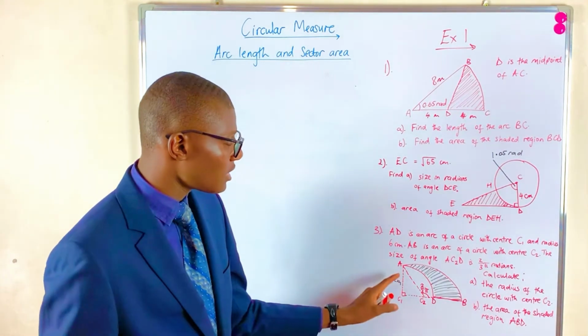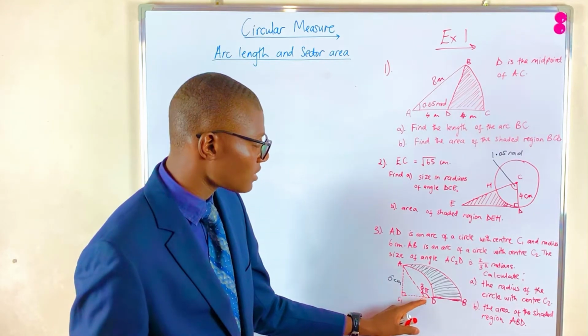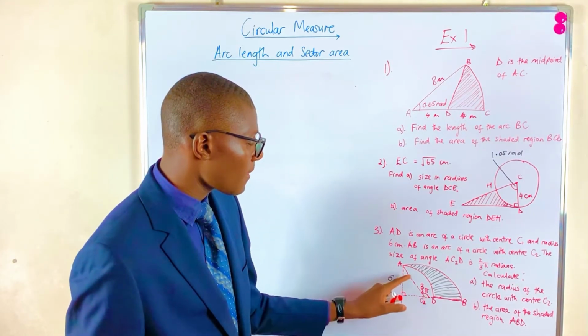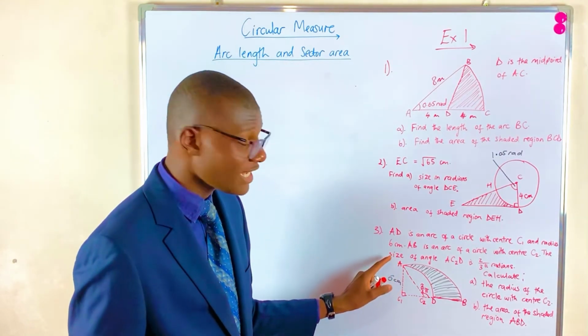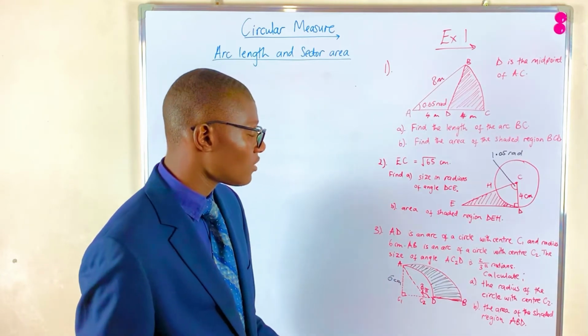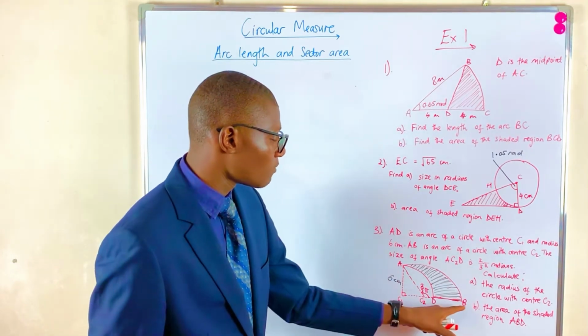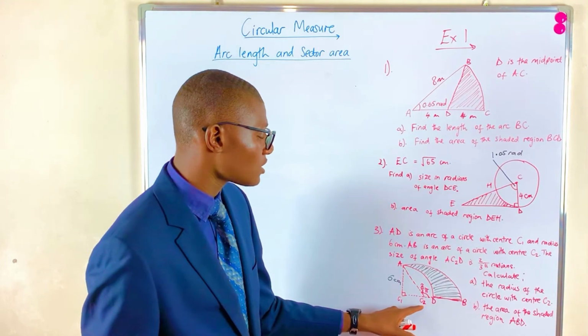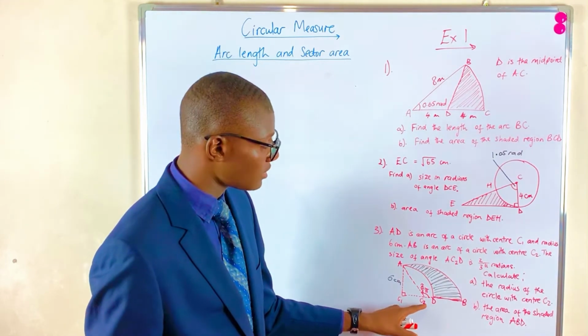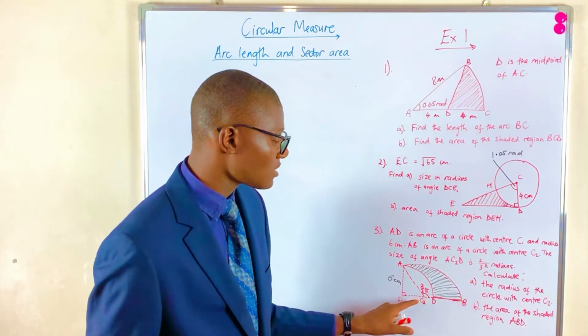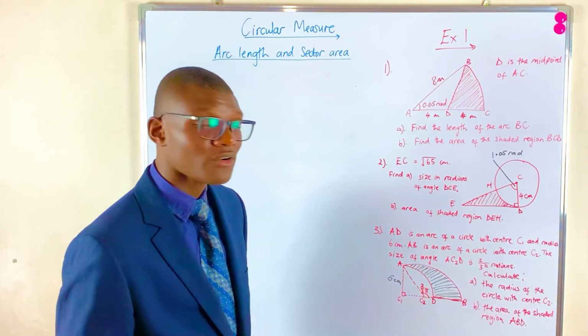So we need the radius of this. In other words, we need to calculate AC2, or BC2, either way, this is still the radius for that sector, right?